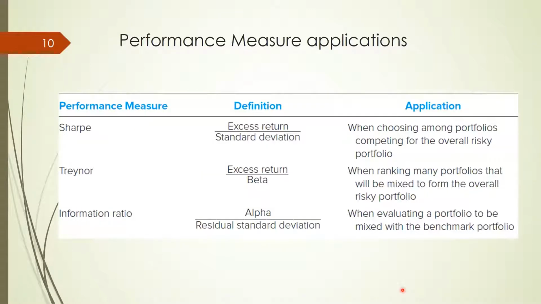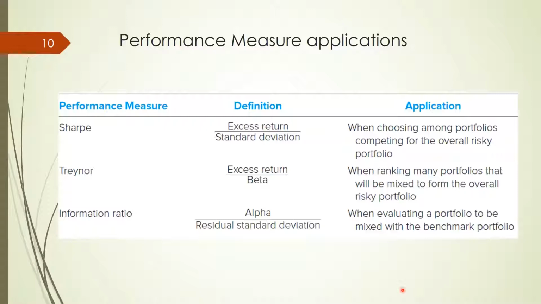Taken together, the Sharpe ratio is excess return over standard deviation. It is useful when you want to choose one among multiple portfolios to be the optimal or overall risky portfolio. The Treynor measure is the excess return over beta ratio. It is helpful when you want to rank multiple portfolios and choose those at the top to form an overall risky portfolio.